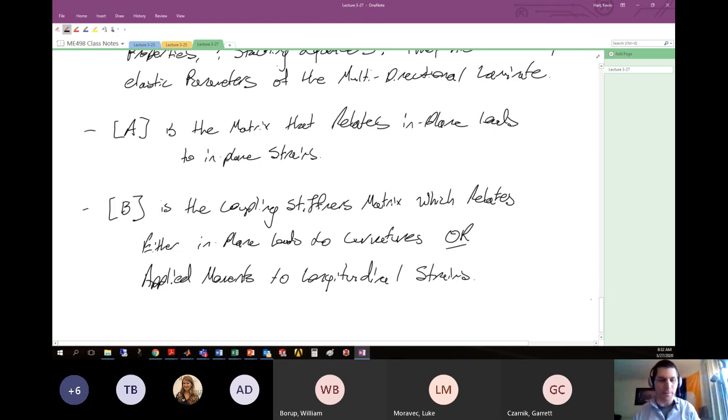Well, the B matrix tells me if I apply a load longitudinally this way, how much will that laminate curve because of that applied load? It's a coupling matrix, a lot like the shear coupling coefficient that we've talked about before for individual lamina. Remember, if we applied some strain this way, the shear coupling coefficient told us how much it was going to shear. It's a strange property of composites that comes up because pulling on the composite this way might induce some shearing.